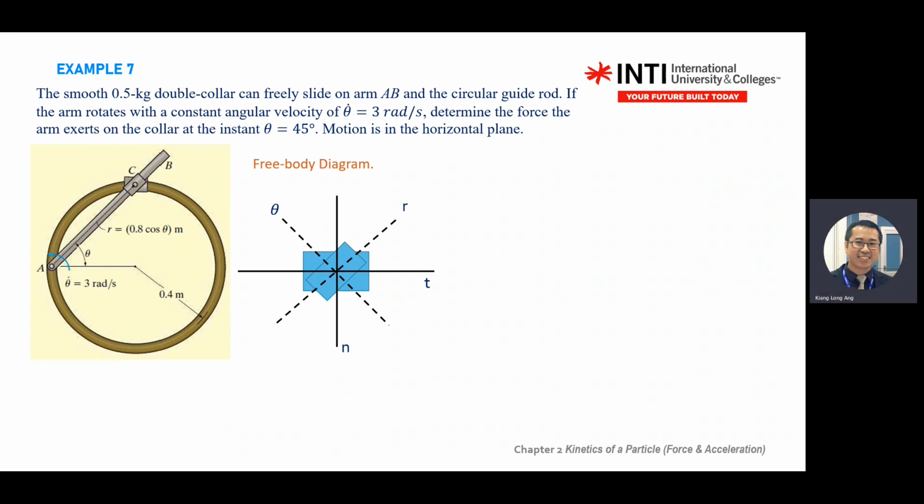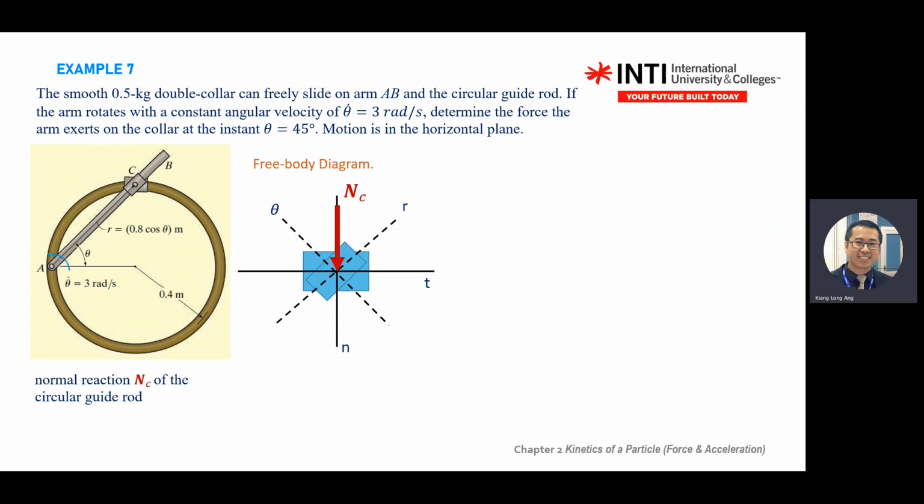Okay. Now, once you know the coordinate system, then you put inside the force. What are the forces you have when you have a contact surface? Normal force, right? And also your weight. So you have a normal force acting from the C onto the round ring.